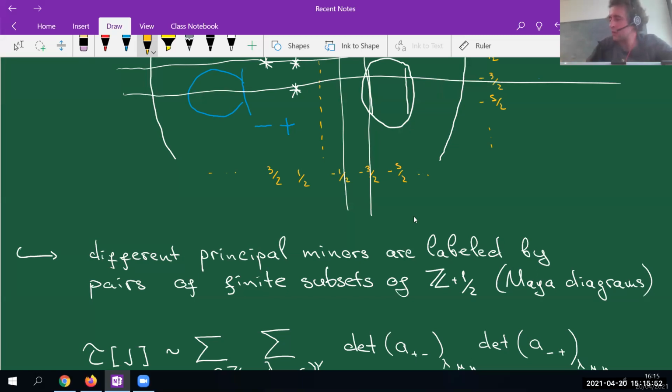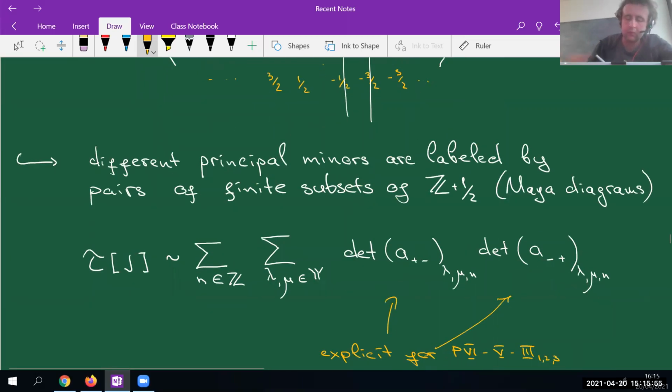Probably most of you know that these finite subsets of Z plus 1/2 can be naturally represented by Maya diagrams, and Maya diagrams can then be converted into Young diagrams. So after all, the combinatorial structure of the expansion of this Widom determinant has the following form.